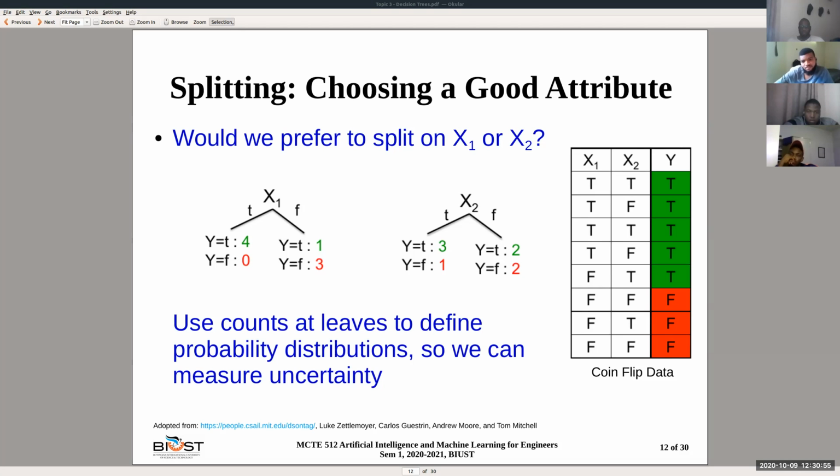If it's a coin, there are only two possibilities, either true or false. But then there's an output y.